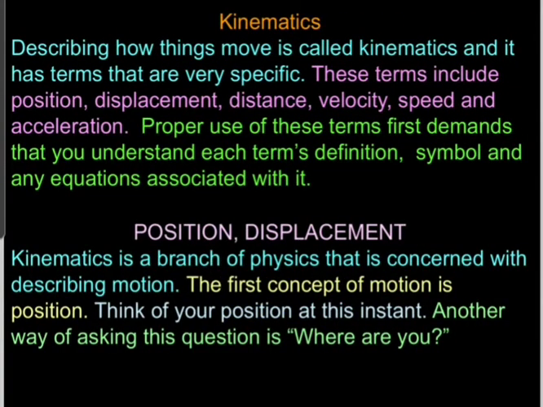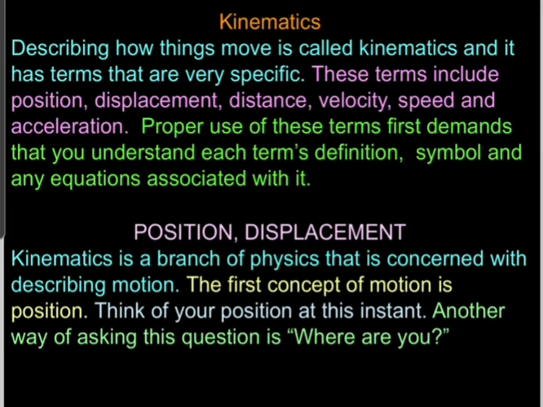So describing how things move is called kinematic, and it has terms that are very specific. These terms include position, displacement, distance, velocity, speed and acceleration. So proper use of these terms first demands understanding each term.